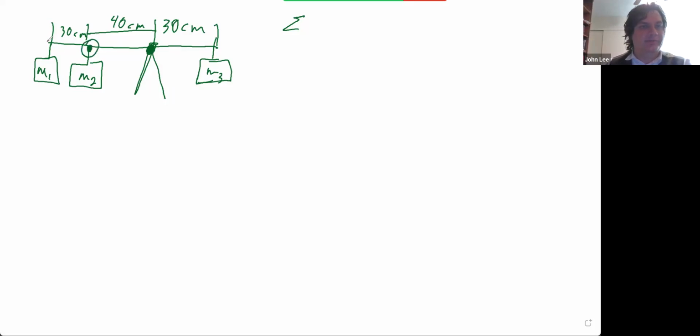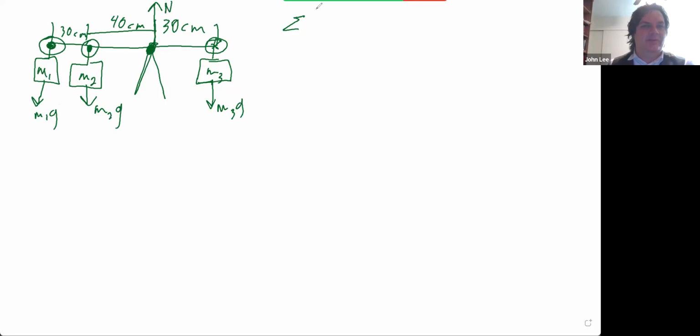So these are both pointing out, and then this one's going to be pointing in because they have forces of M1G, M2G, and M3G. So actually, let's just do the normal force from the spike if we want to.